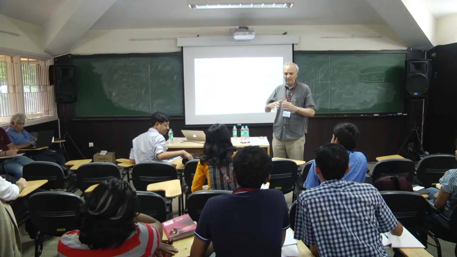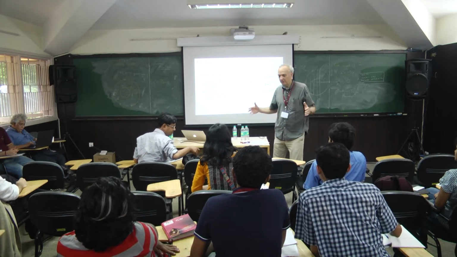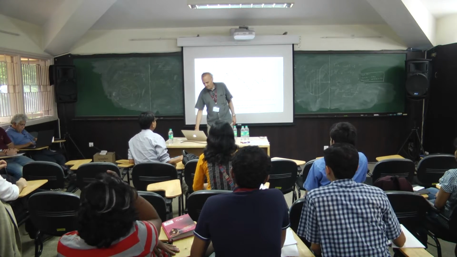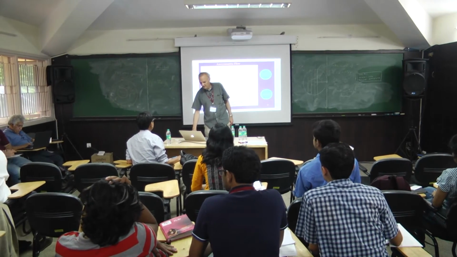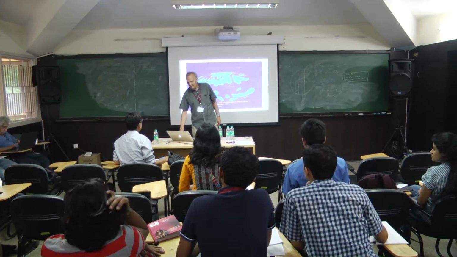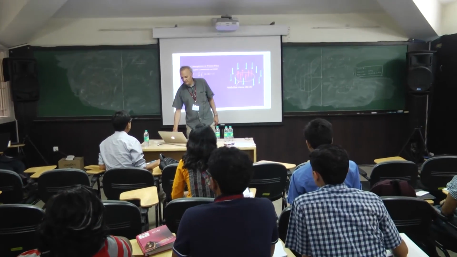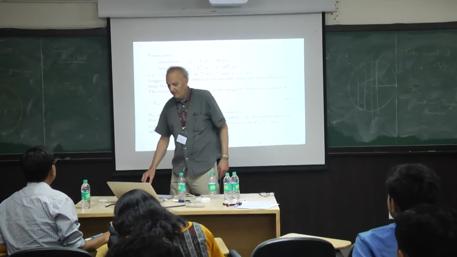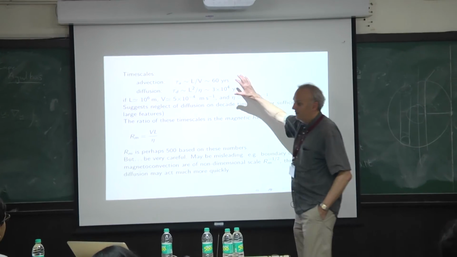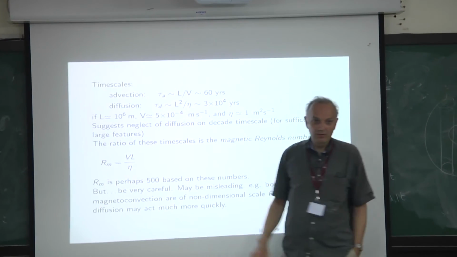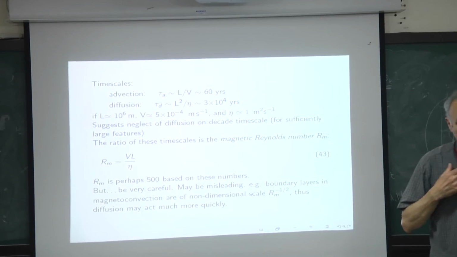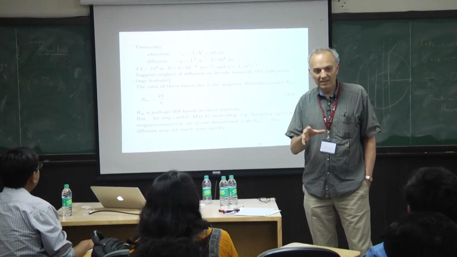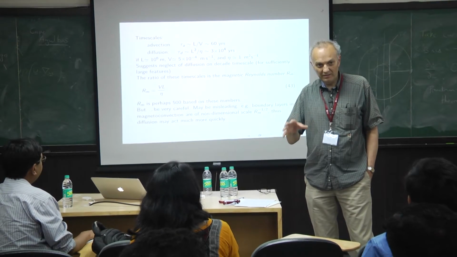Once you start getting into 1,000-year time scales, you remember when we did the back of the envelope calculation of what is important in the induction equation. Let's go all the way back here. When I was looking at what's important, advection or diffusion, I said that a reversal is observationally seen to take 5 to 10,000 years.